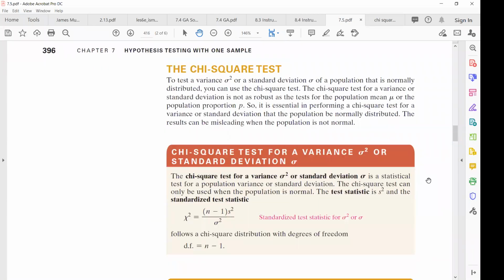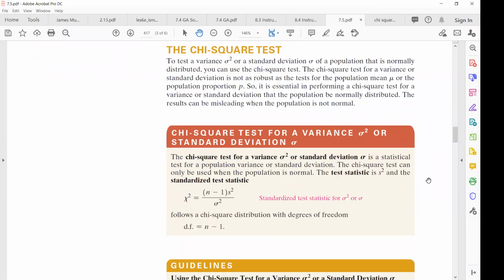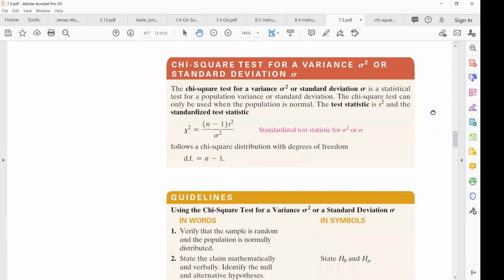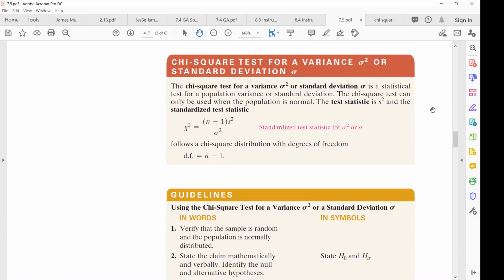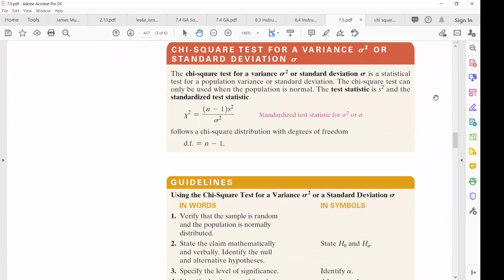Very well. So how do we use a chi-square distribution to analyze our hypothesis test? First of all, as you always know, you need to find a test statistic. When you have S squared, it means that you have sample variance.